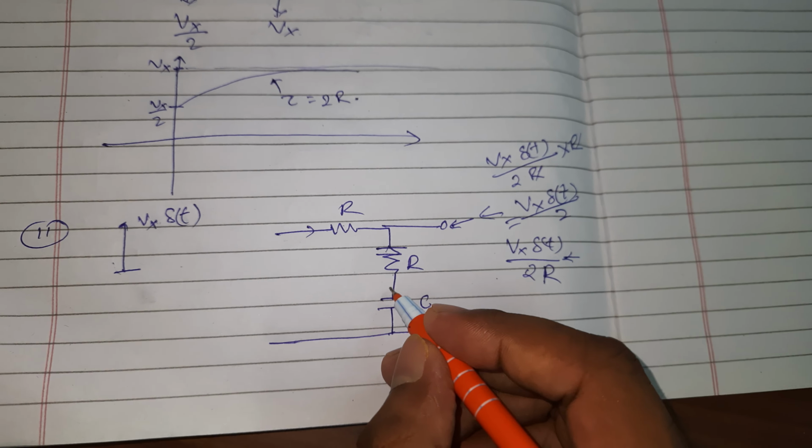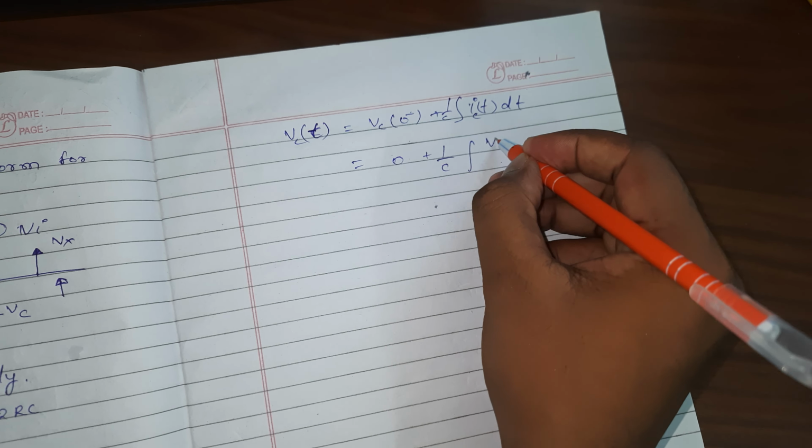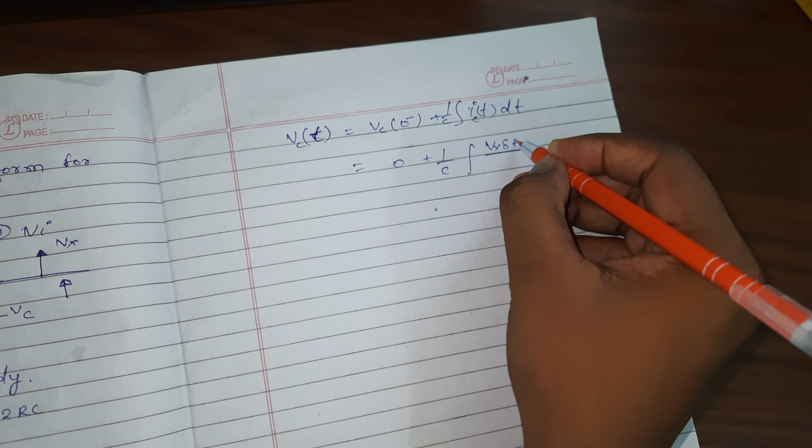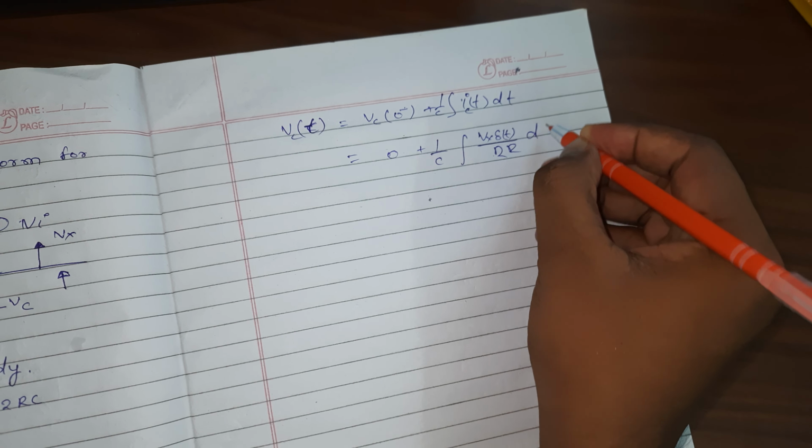So for the voltage across this capacitor, VC(t) is equal to VC(0 minus) plus the integration of 1 by C into the current IC dt. So VC(0 minus) is 0, it is 1 by C, and IC is equal to Vx delta t by 2R, and dt.